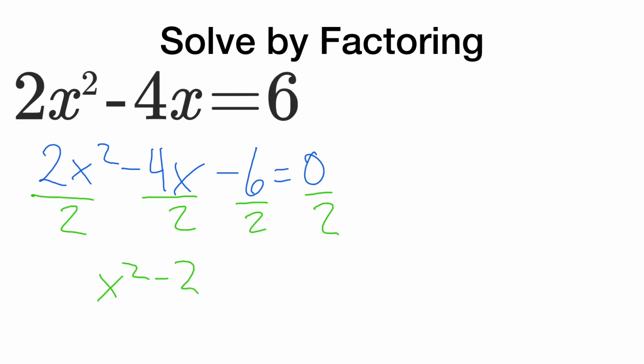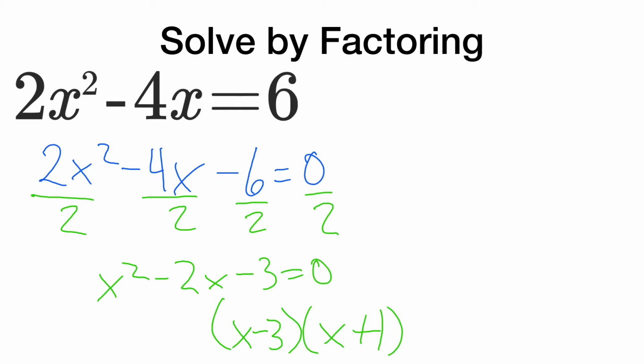X squared minus 2x minus 3 equals 0. So our factors in this case, well, because 3 only has 1 and 3, and they do have a difference of 2, x minus 3 times x plus 1, meaning our answers are x equals 3 and x equals negative 1.